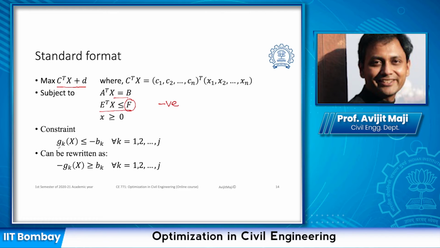In this case, we can easily rewrite this particular constraint into this form. We have a greater than or equal to sign, and we have already shown you how to convert this into a standard format and then solve the problem. Whenever the right hand side of the inequality constraint is negative, you know how to transform it into a standard format.